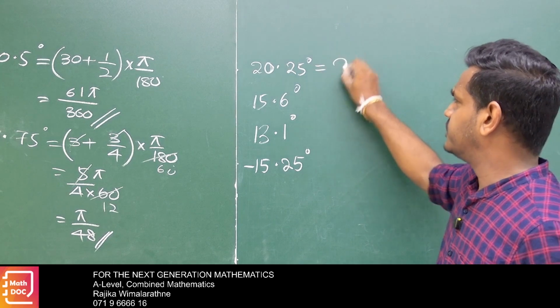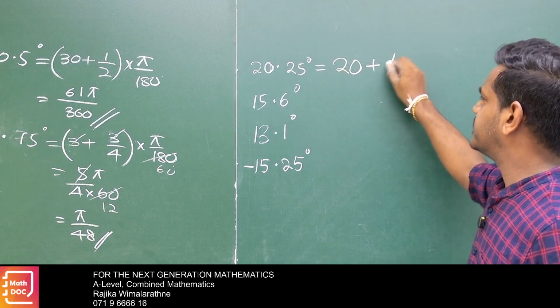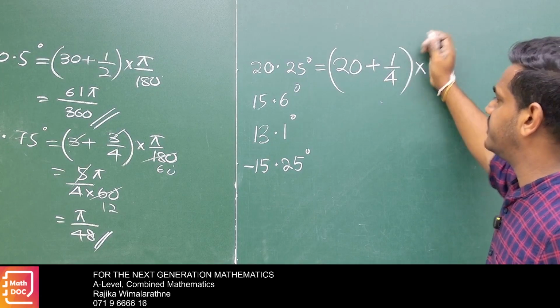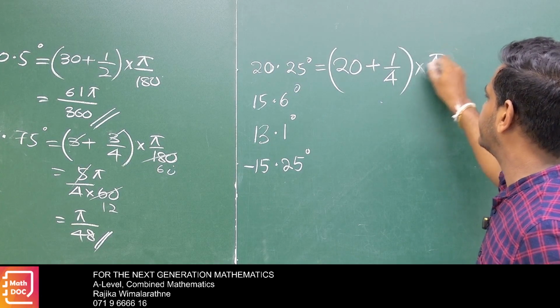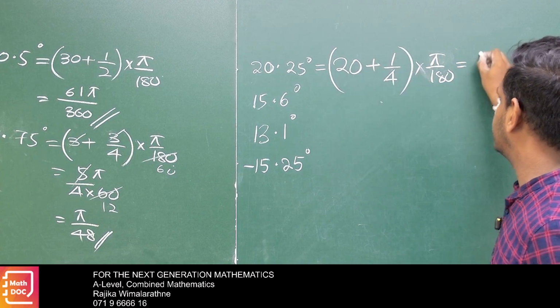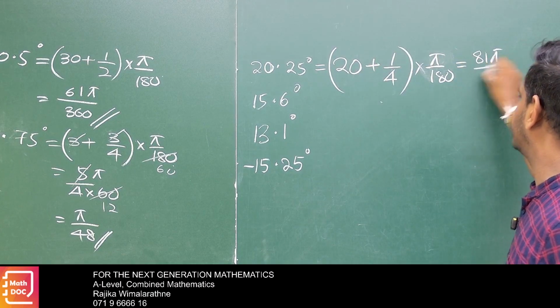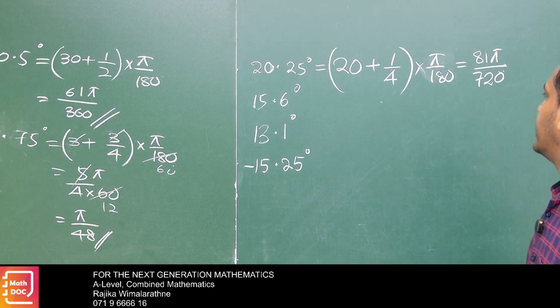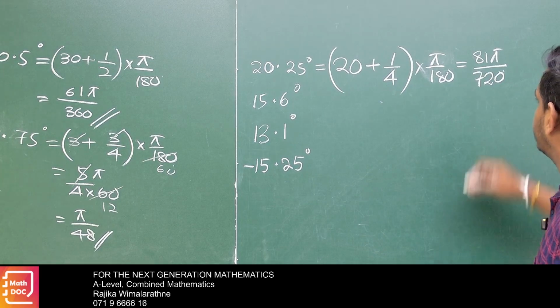Twenty point... 20 plus 1/4 times 180, pi divided by 180, then 81 pi over 720. It is divisible by 9, no?